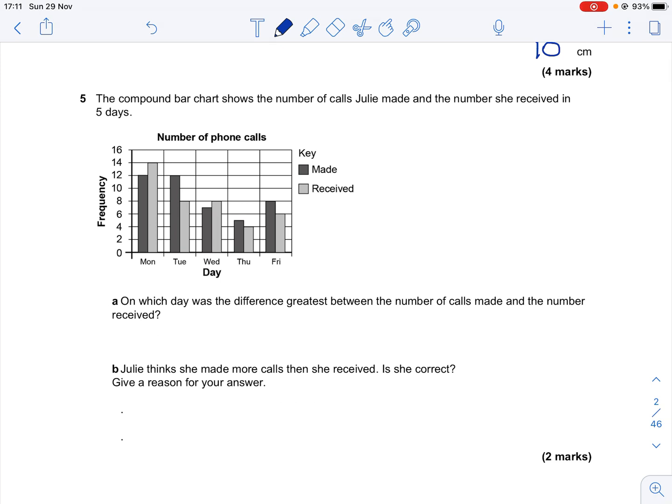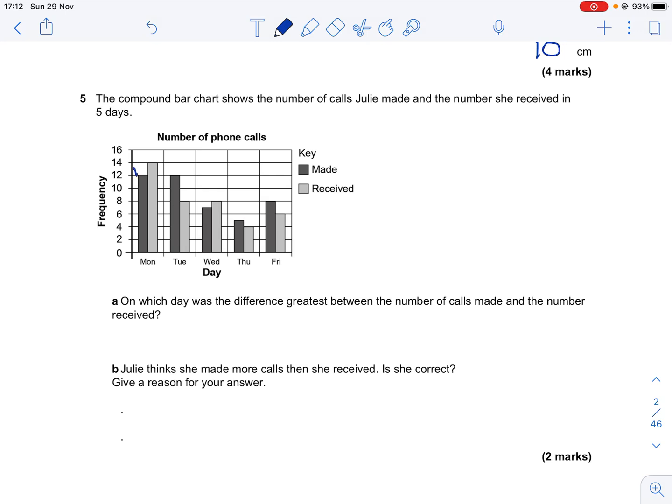Question 5. The compound bar chart shows the number of calls Julia made and the number she received in 5 days. On which day was the difference greatest between the numbers of calls made and the number received? Firstly, we look at the calls that were made.